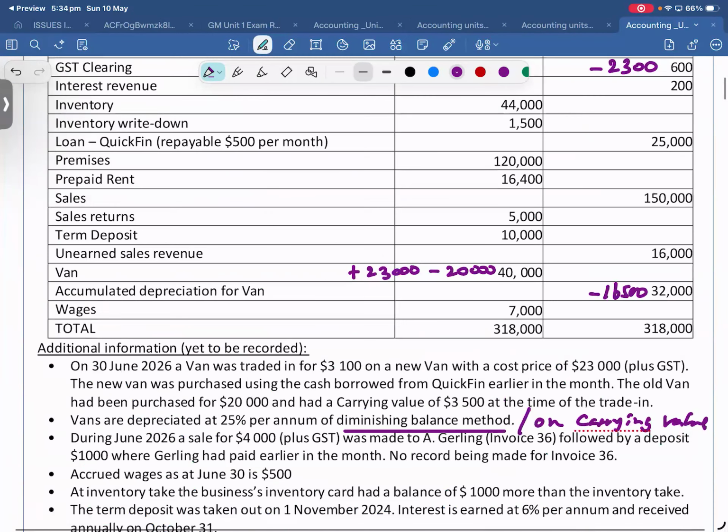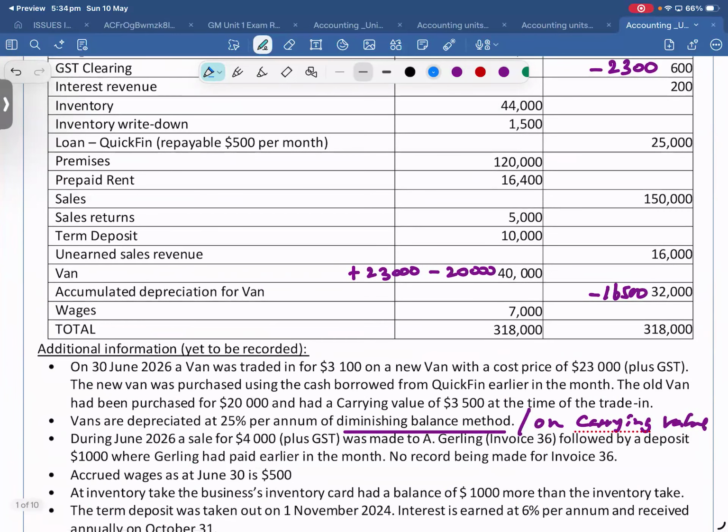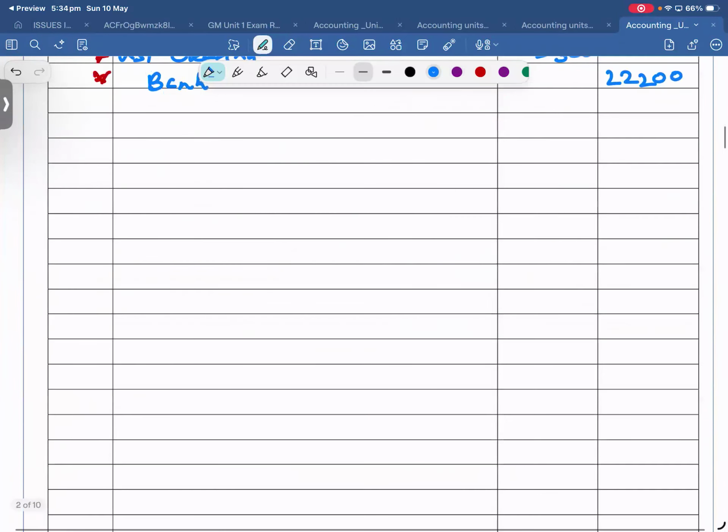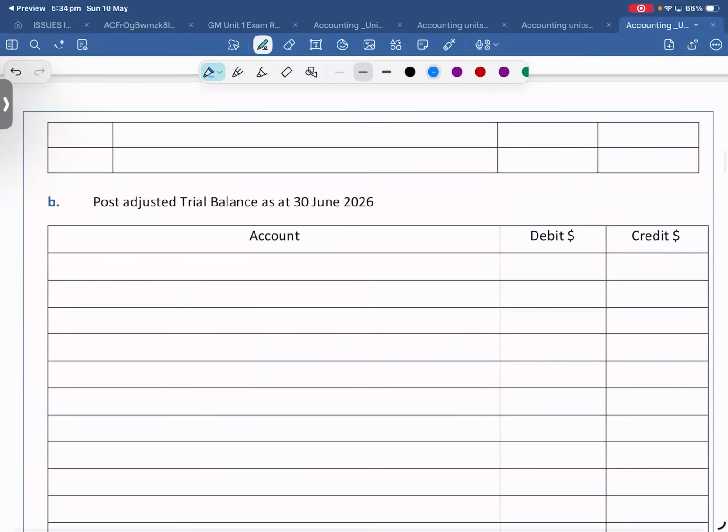Now loss on disposal we can't see here, right? Then shall we go and record straight away these things in the new trial balance, which we call the post-adjusted trial balance? Okay. I'll start with van then. $43,000.